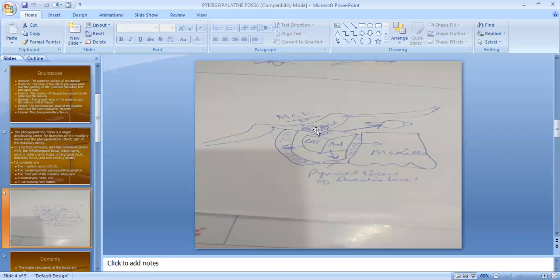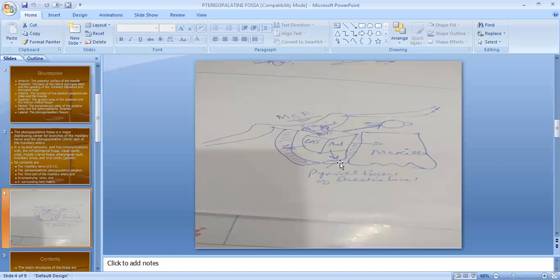This is the sphenoid bone, and the pterygoid process of the sphenoid bone. So this one is the pterygoid process. This one is the perpendicular plate of the palatine bone, and this is the maxilla.